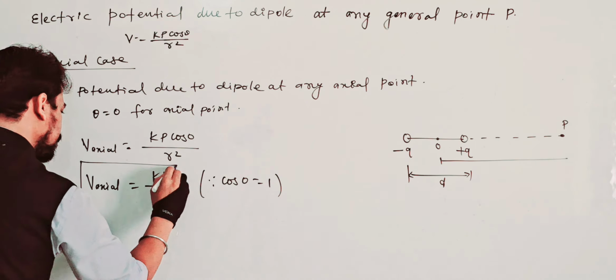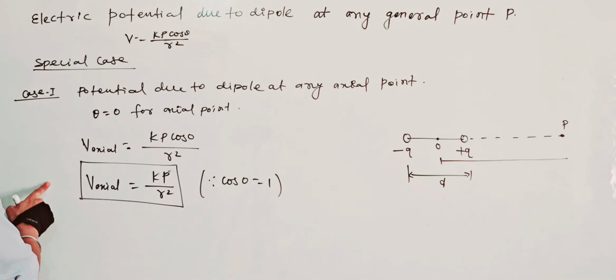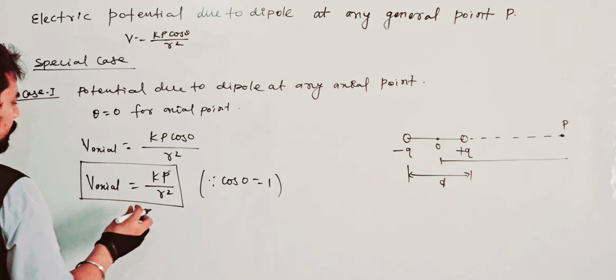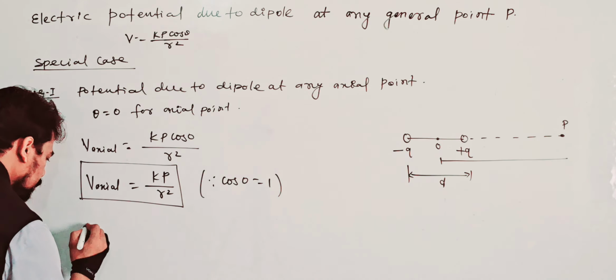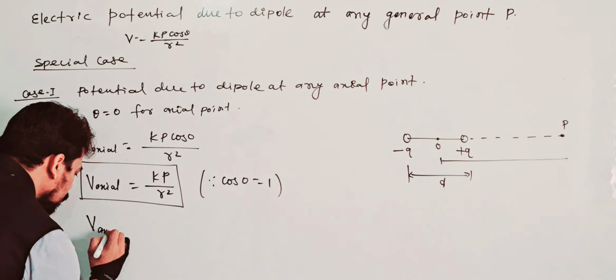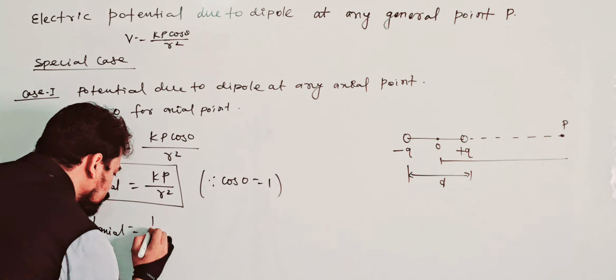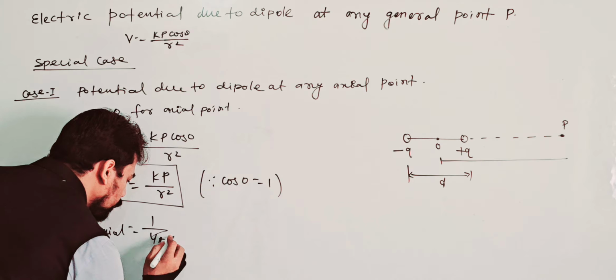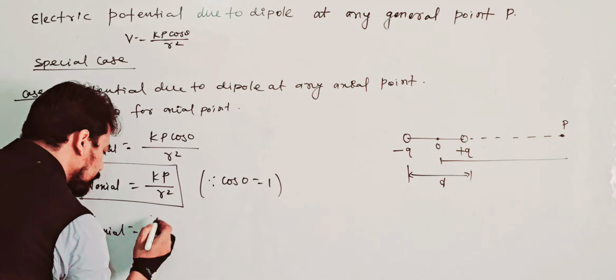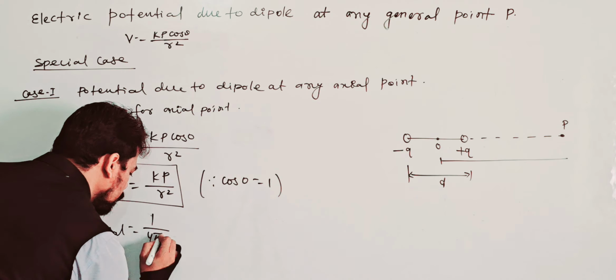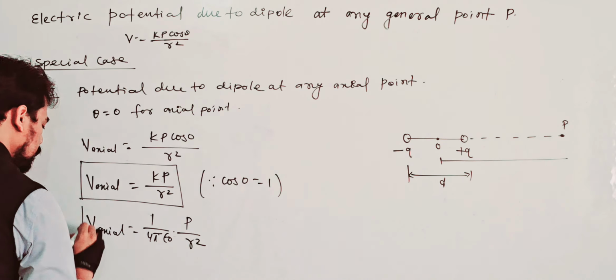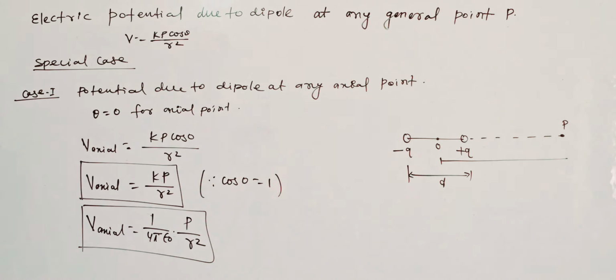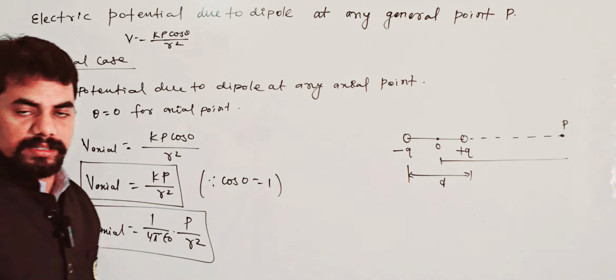This is the axial point. What is the value of K? K is the proportionality constant, 1 by 4 pi epsilon naught. So V axial is 1 by 4 pi epsilon naught P by r square. This is the potential due to a dipole at an axial point.